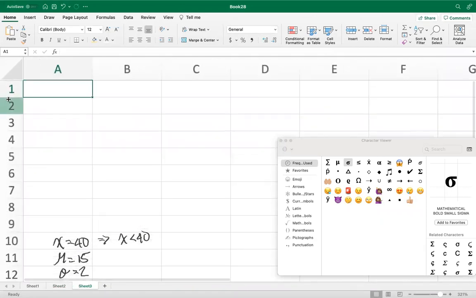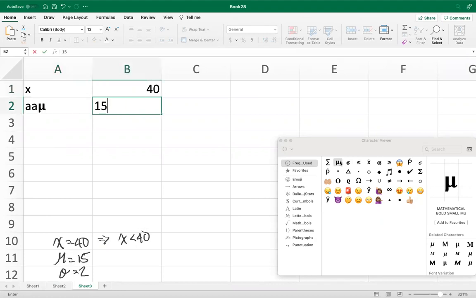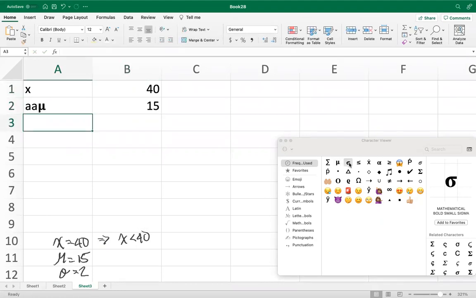So again, for this data right here, we're saying x is 40, mean is 15. And standard deviation, I'm just going to leave it like this for right now. Standard deviation is 2.